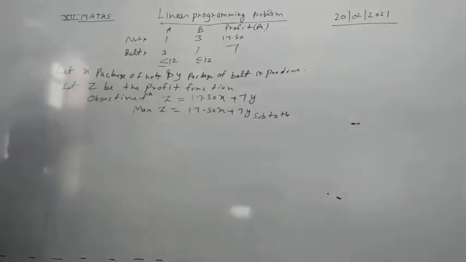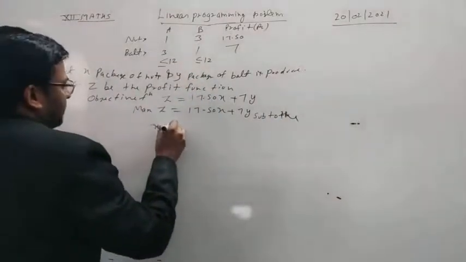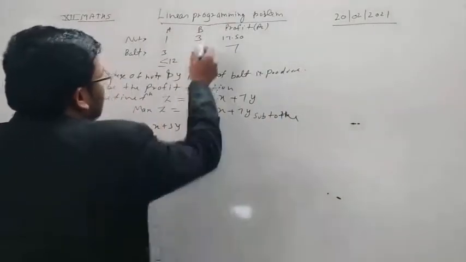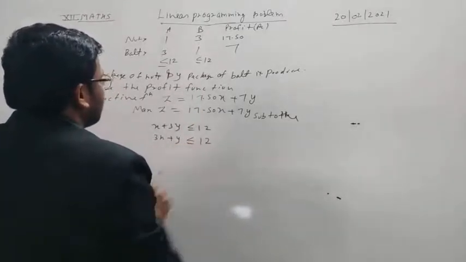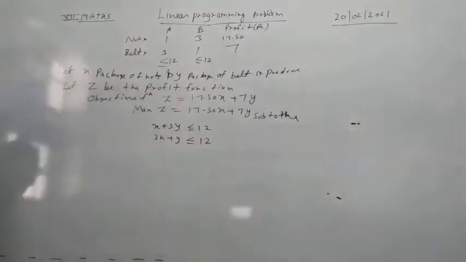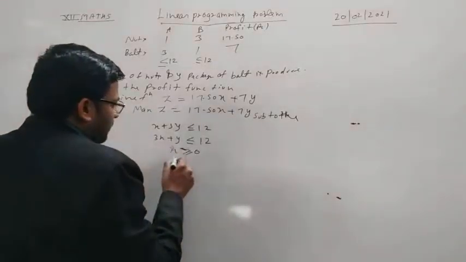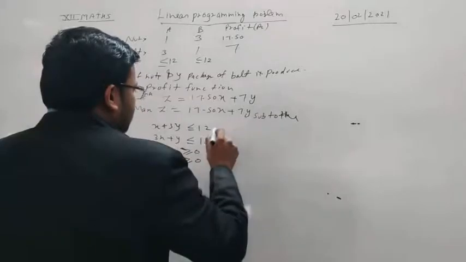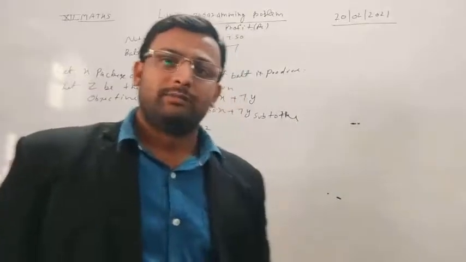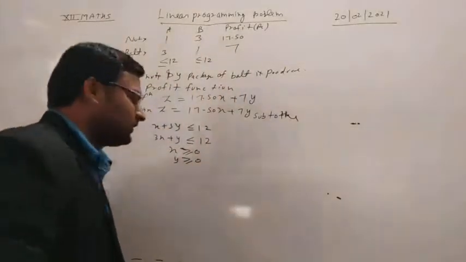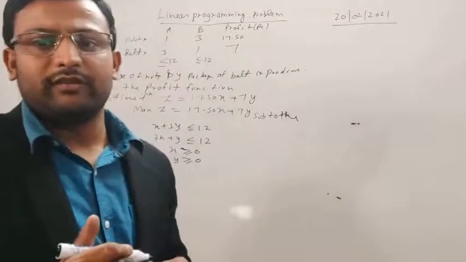Now, subject to the constraints: x + 3y is less than or equal to 12, and 3x + y is less than or equal to 12. Also x is greater than or equal to 0 and y is greater than or equal to 0. So these are the constraints. Using these, we draw the graph of these inequalities and find our feasible region.